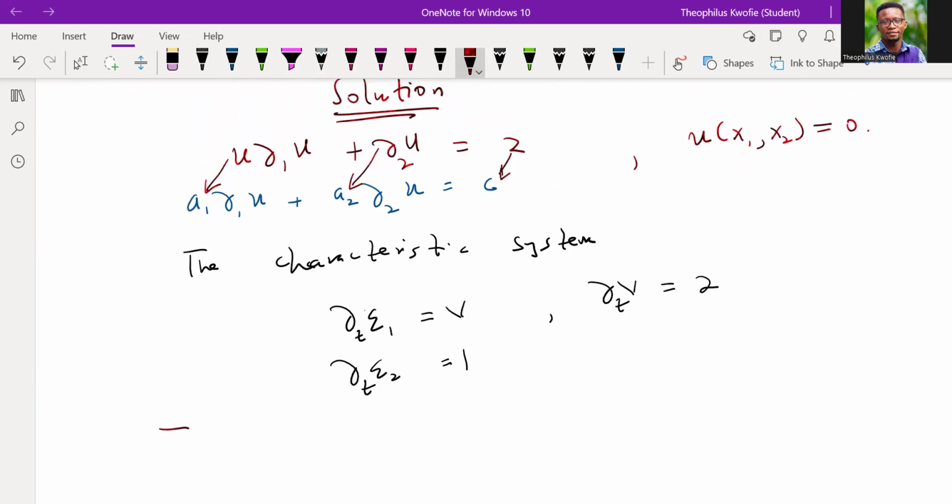So I will state the line. Remember that we're given a line. The line was x1 equal to x2. So we have to parameterize this line. Let me take my time to write it.